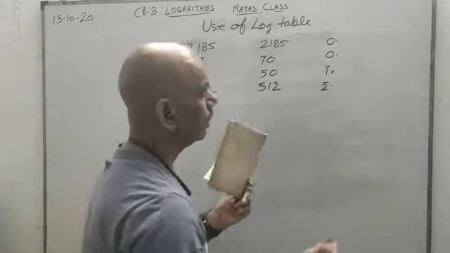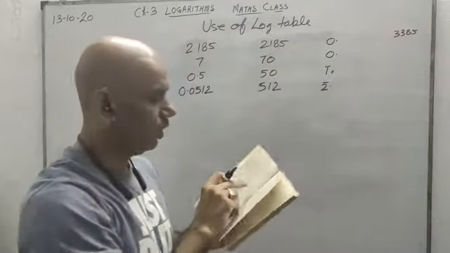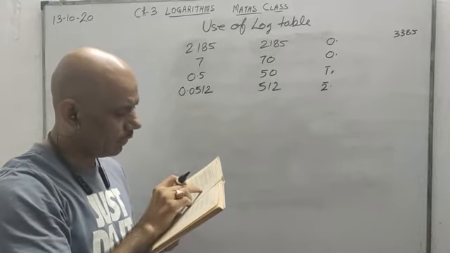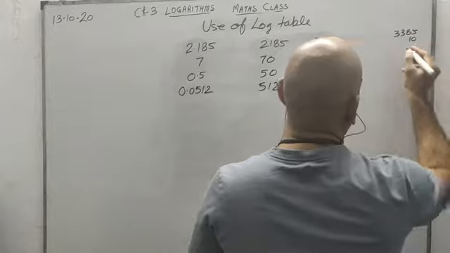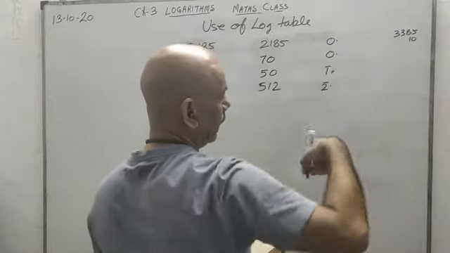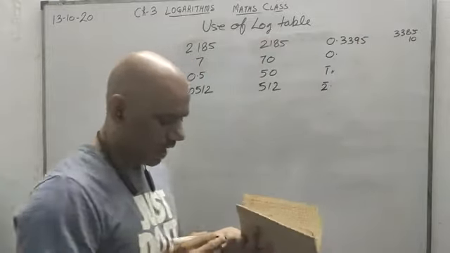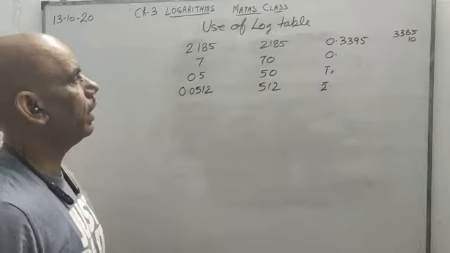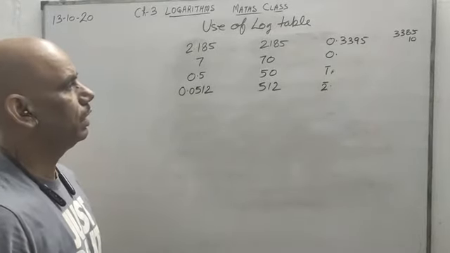I got 3385, and then there is 5. So the mean difference column of 5 tells me 10. So adding 10 to 3385, it will become 3395, and that will be my value for 2.185. The value of 2.185 will be 0.3395.